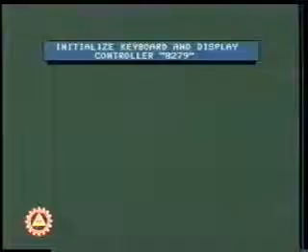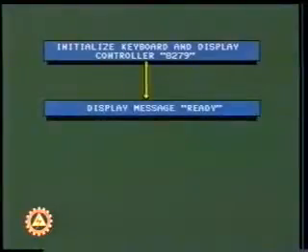Now we define these 3 steps in terms of detailed flowcharts, enabling us to write efficient programs which drive the system hardware. In the first step, we initialize the keyboard and display controller chip 8279 and generate a sign-on message, ready.